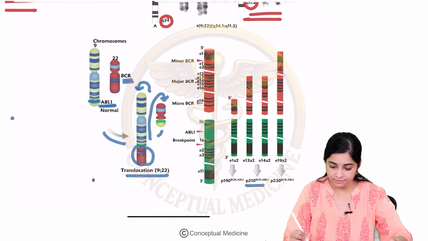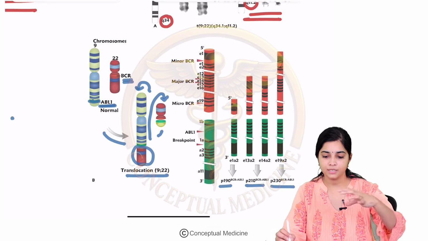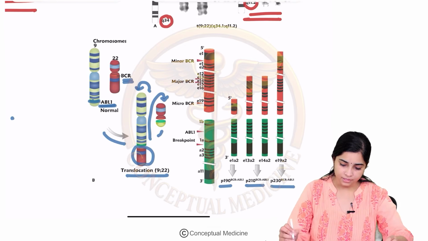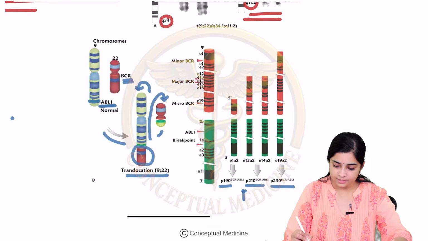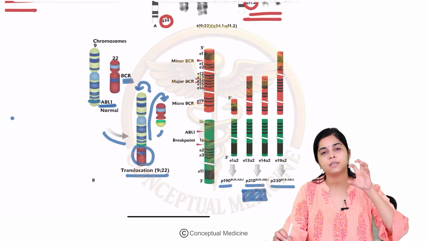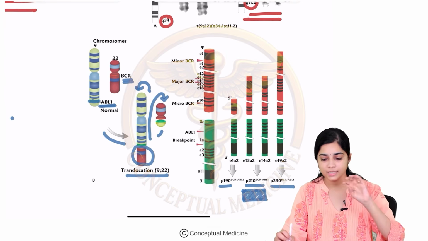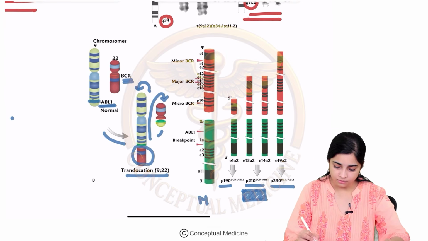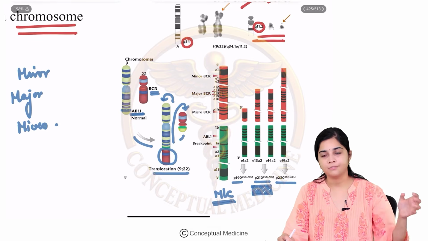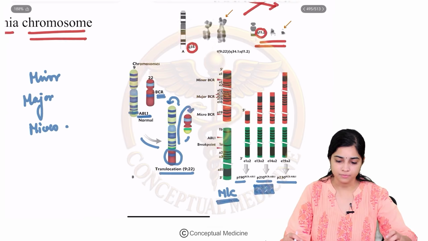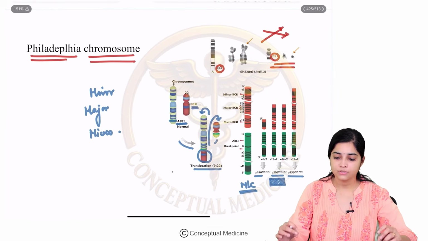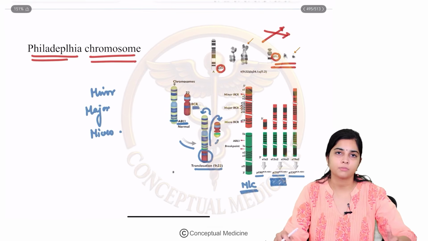You can have P210, P190 or P230, depending on the site of the breakpoint in each of the chromosomes. The P210 type of chimeric abnormality is the most common type, and then we have the other forms which can also be generated. This is how the Philadelphia chromosome is formed.